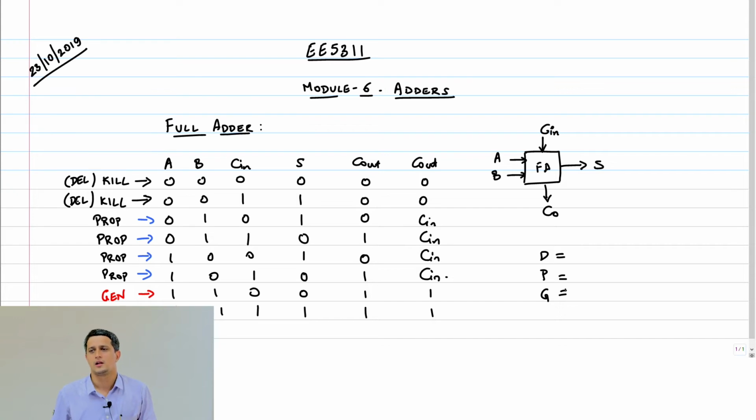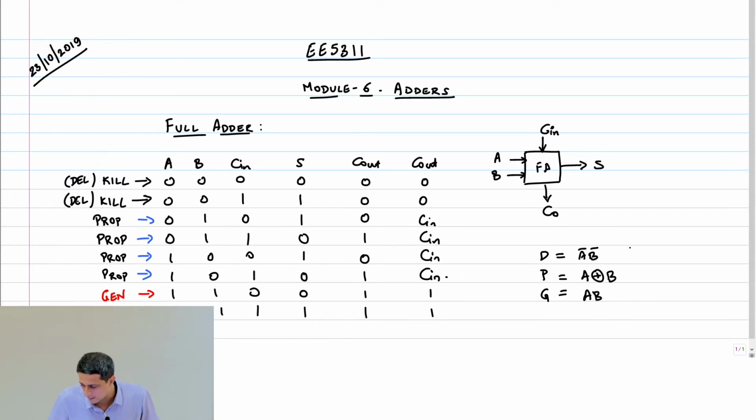What is the logic function for delete? A bar, B bar. What is propagate? A XOR B. Any one bit happens to be 1, it goes. Okay. A XOR B. What is generate? AB. Okay.